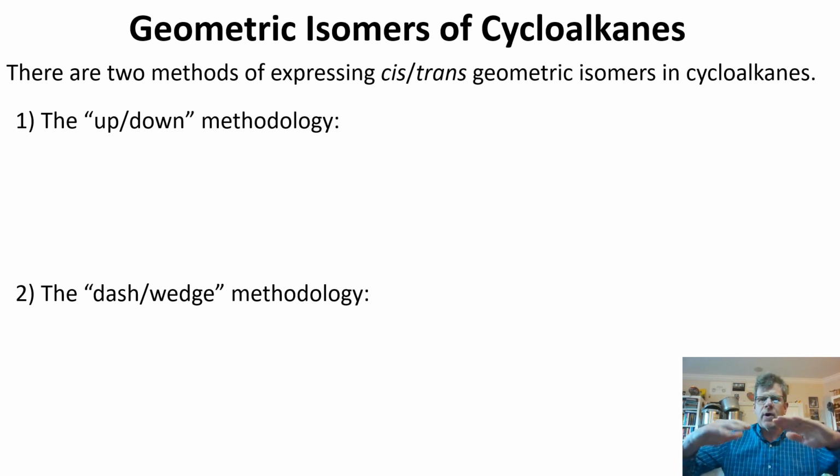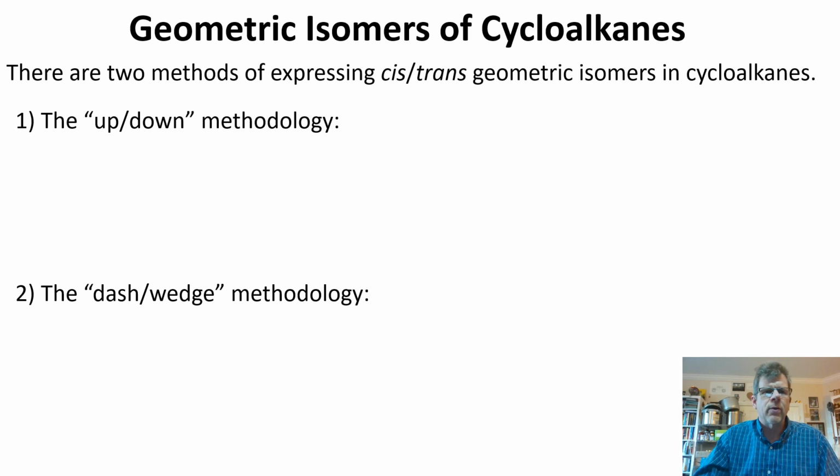We can't always go with that three-dimensional tipped up version that we saw before, where it was clear which one was on the top of the ring or the bottom of the ring. That would get a little complex. But we have to be able to show, using pretty much a two-dimensional system, that three-dimensional space. So there are two methodologies of expressing cis-trans geometric isomers in cycloalkanes.